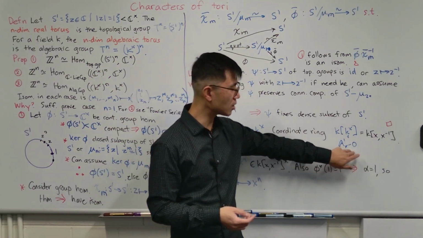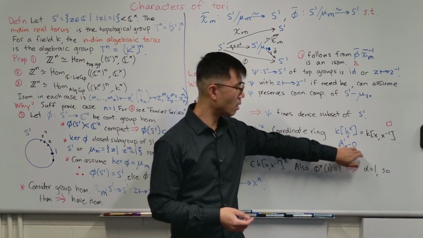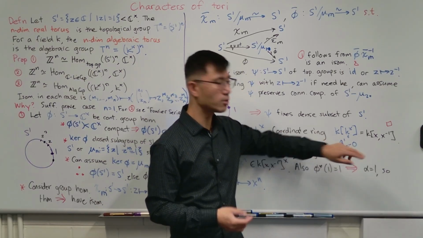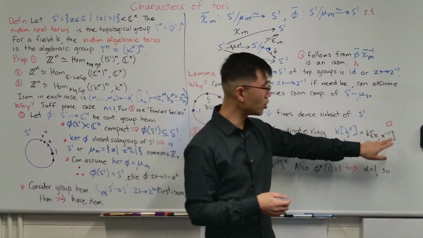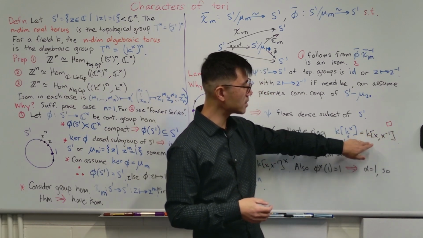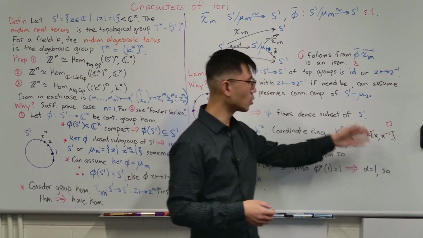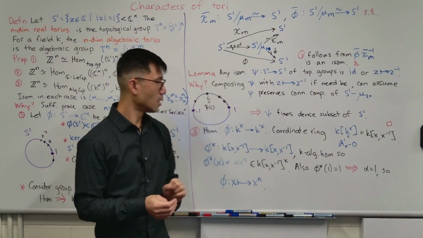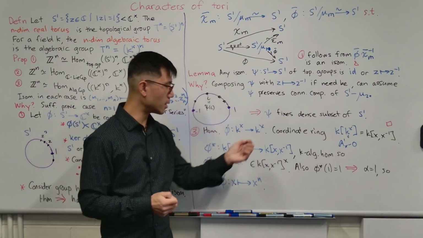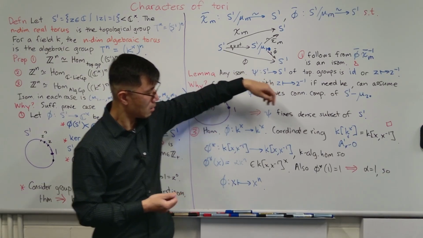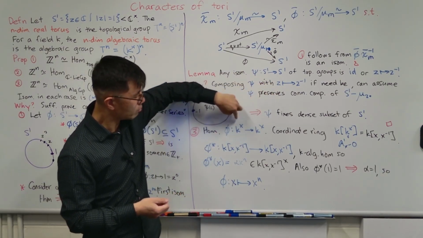What are the rational functions on here? Well, if you want to have a rational function that's defined everywhere except possibly at 0, the only things you can have in the denominator are powers of x. So this is basically this Laurent polynomial ring k[x, x inverse]. That's the coordinate ring. And so the important thing here is that you can pull back regular functions to regular functions.